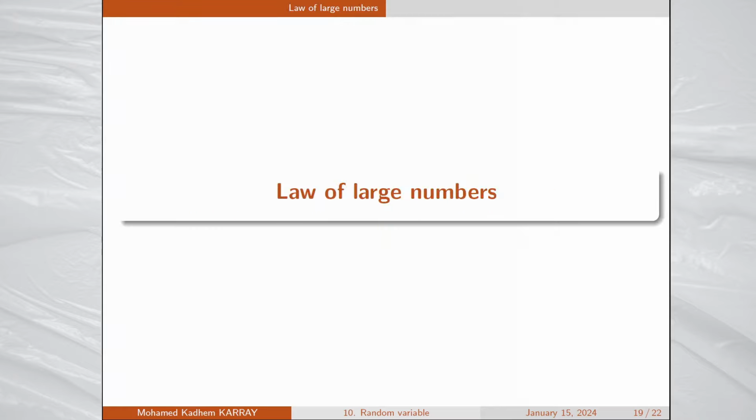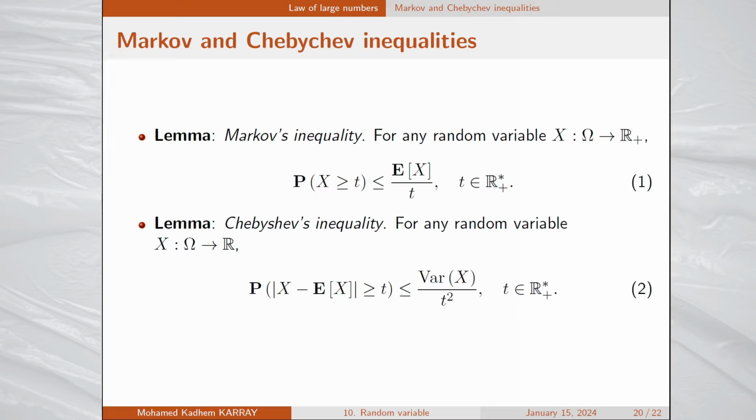The last part of this section is about the law of large numbers. Before stating this law, we need some inequalities. Firstly, the Markov's inequality, saying that for any random variable with non-negative values, the probability that the random variable exceeds some value t is smaller than expectation of the random variable divided by t.